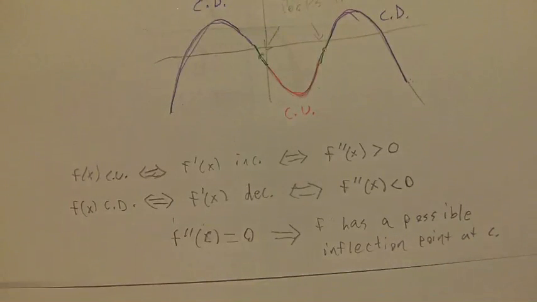Same thing with, right, if the derivative is 0, that means you might have a local max or min, but you might not. The same case here.